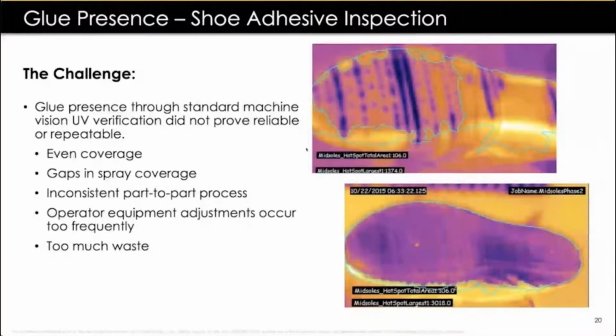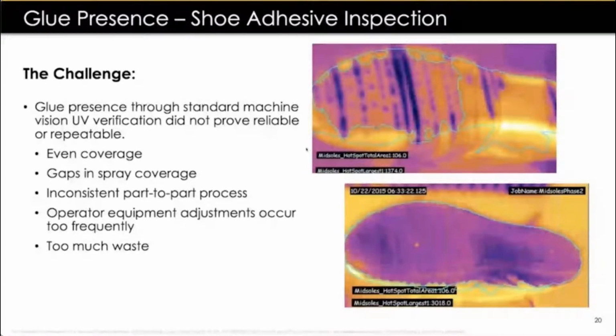In the plant, there's a lot of reflection and shadowing happening in the process, and the lighting system they were employing didn't lend itself well because of the absorption rate of the product compared to the sole of the shoe, so finding issues, gaps or oversprays was difficult.